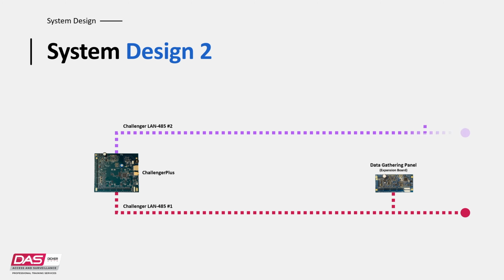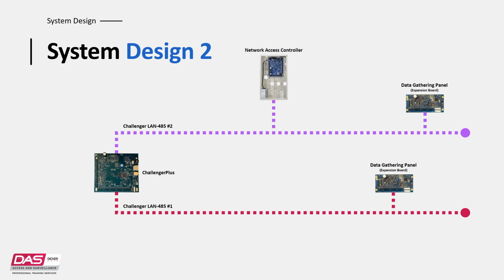As you can see, we can introduce data gathering panels or DGPs, which are an expansion module, and as discussed, we can even use the network access controller as an expansion module. With this design, I'll connect the ChallengerPlus to an IP network to give me access to manage this site from anywhere using the Tecom software. And if I'm local to the site, I can connect my Tecom software to the ChallengerPlus using the onboard USB connection.